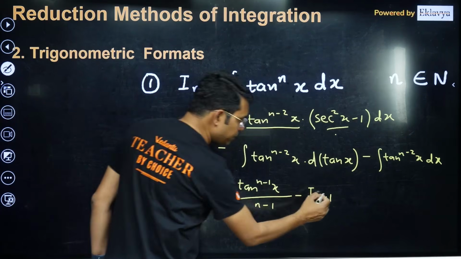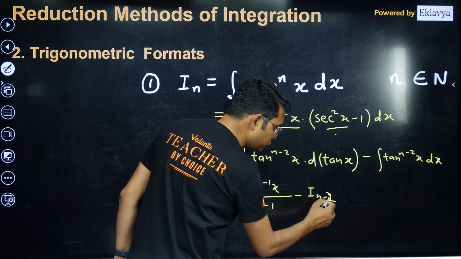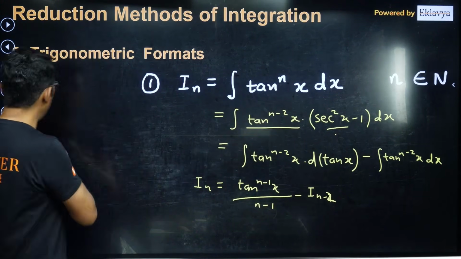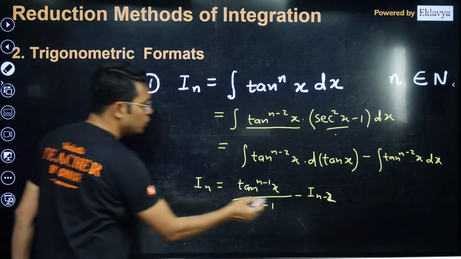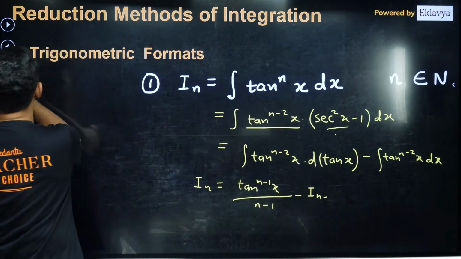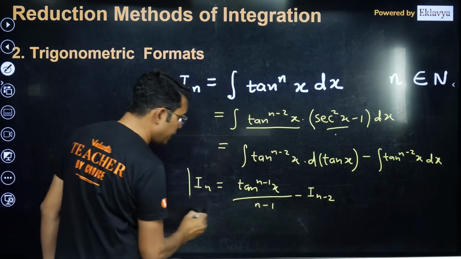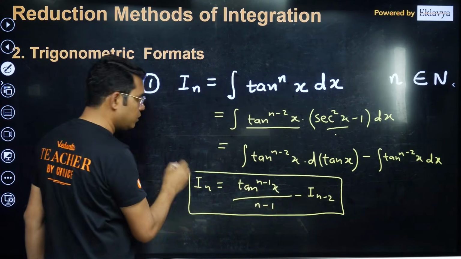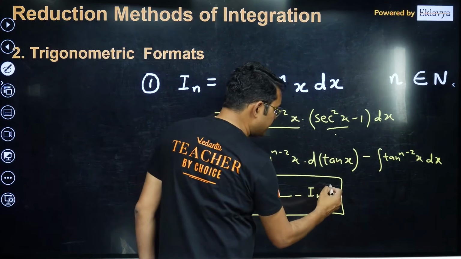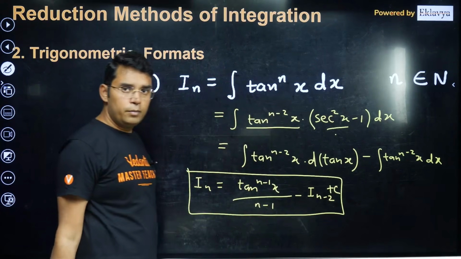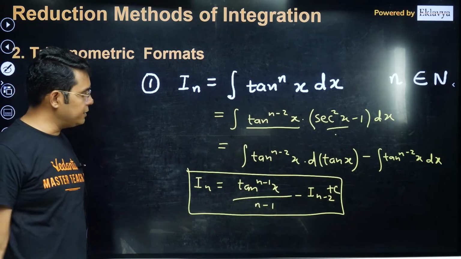So not minus 1, this is In minus 2. So here we are reducing our problem by 2, not by 1, by 2. So I think it will become faster for us, In minus 2. Okay, so In is obtained that way in terms of In minus 2. You can add some arbitrary constant also, because it is always there in indefinite integration.